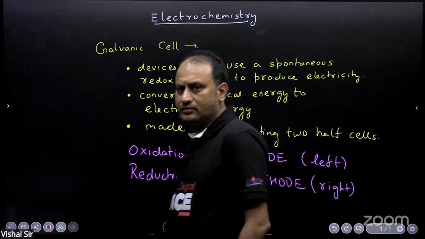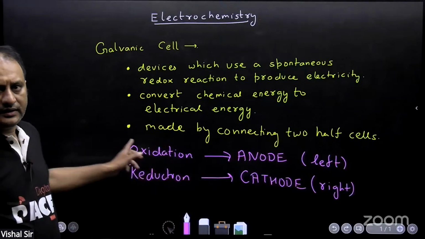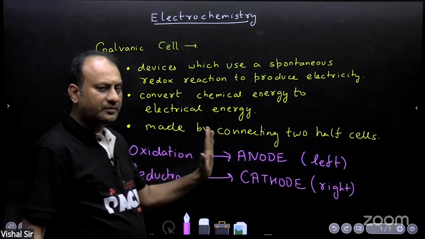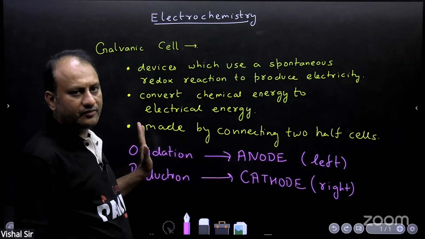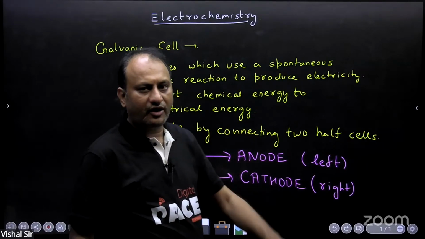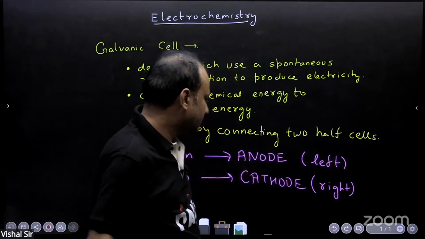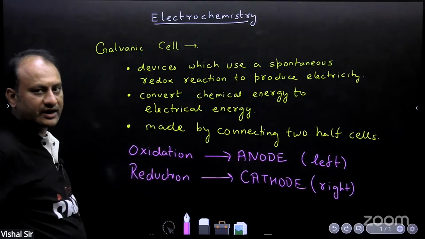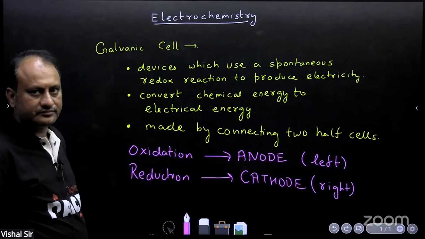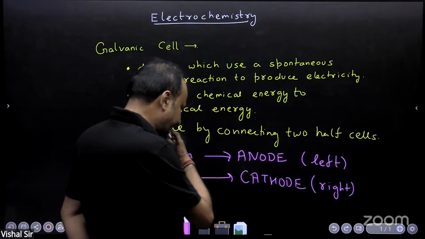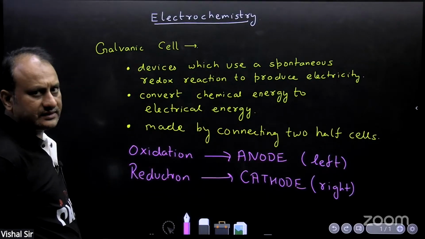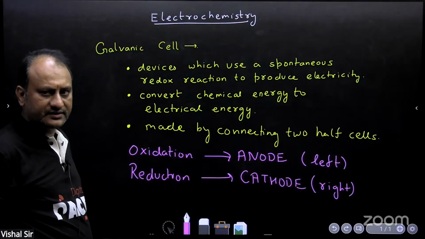So this terminology should be clear to us: whatever is written on the left of the salt bridge is the anode. Whatever is written on the right of the salt bridge, that is the cathode. At cathode, reduction will occur. At anode, oxidation will occur. So this is the basic definition. What is a galvanic cell? It is an electricity producing device.